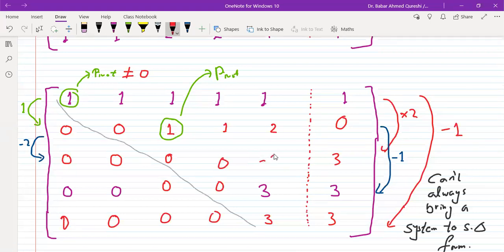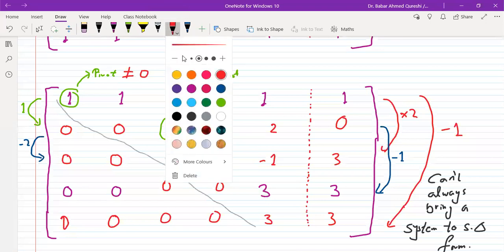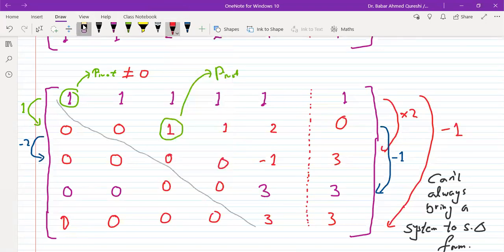It just takes too much time to move the cursor. -4 + 3, -1. Please keep checking my calculations. I'll definitely make a mistake.